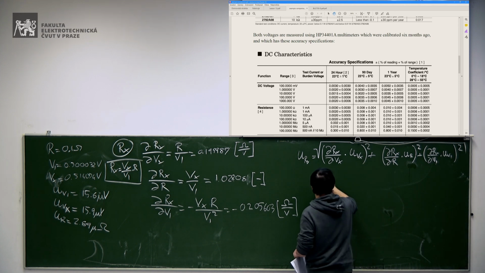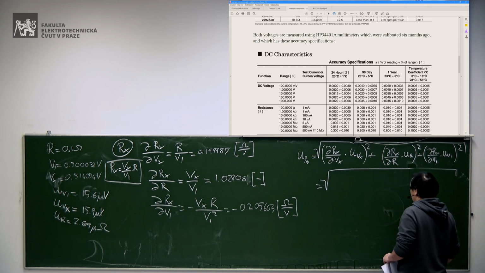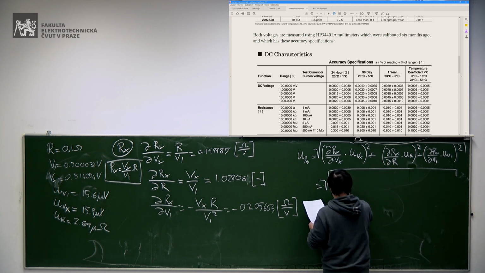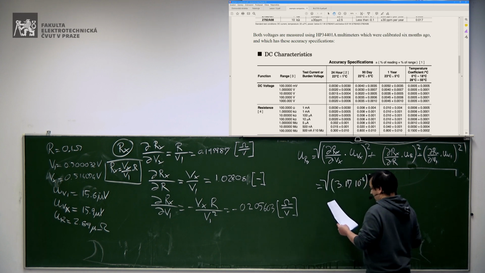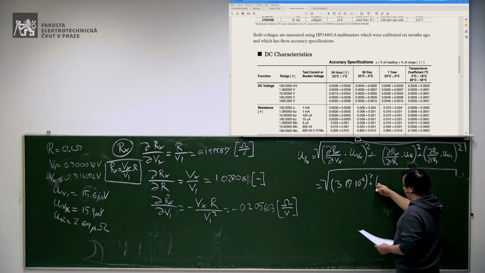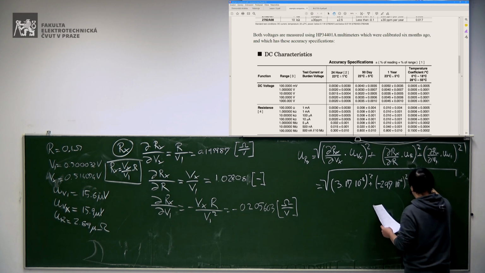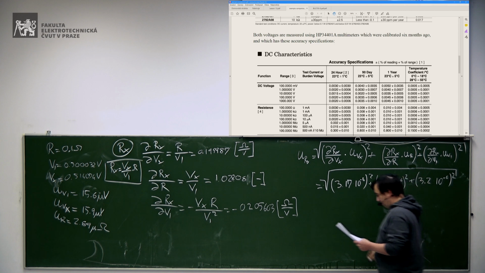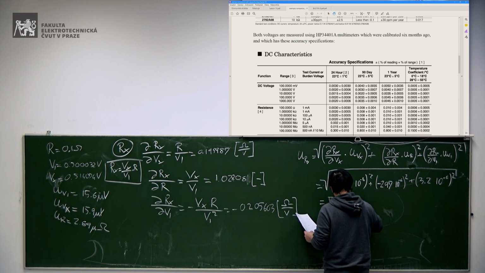So if you plug in your numbers, and I hope I didn't make any mistake because I made this calculation this morning at 6:30 during my breakfast, you find 3.17 10 to the minus 6 squared, plus negative, but you don't care because you square it, 2.97 10 to the minus 6 squared, plus 3.2 10 to the minus 6 squared, which eventually gives you 5.39 micro-ohms.